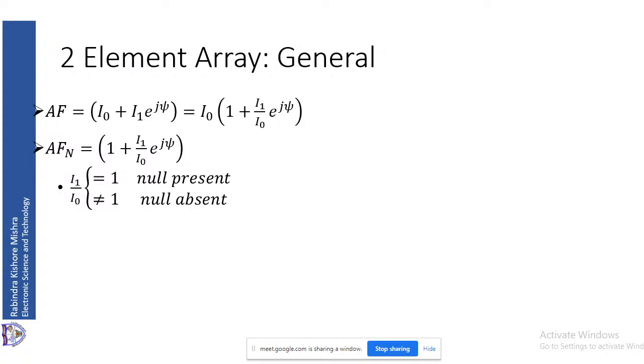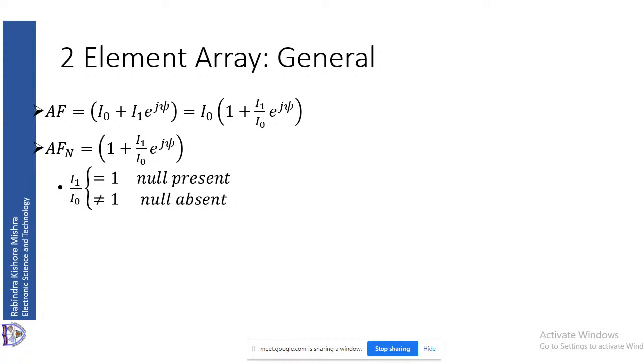Now, if the ratio I1 upon I0 is equal to 1, then there can be a null. Otherwise, if it is not equal to 1, there will be no null. The reason is very simple. If the amplitudes are different, as I have told you already, in the far field we are adding the electric vectors, since electric fields are vector quantities.